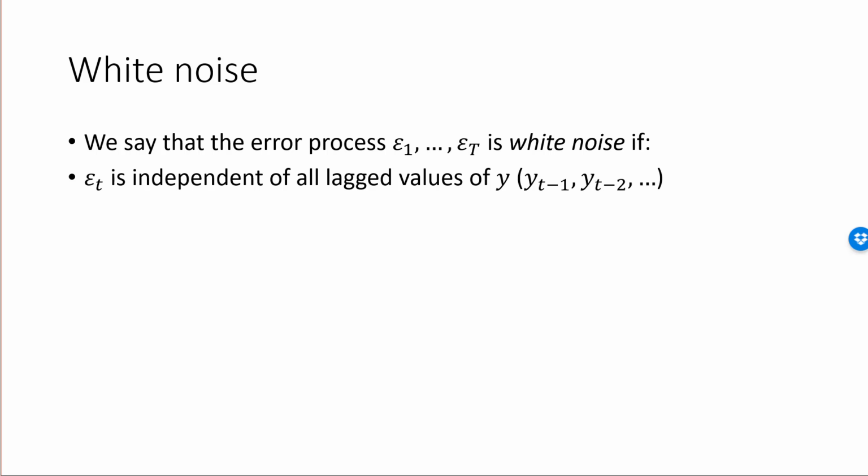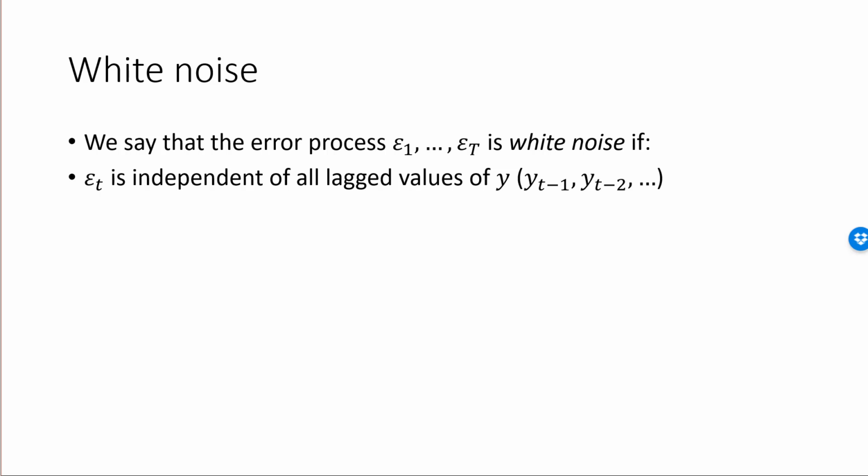First of all, epsilon t must be independent of all lagged values of y. So the shock at time t affecting yt must be independent of the lagged value of y, as well as the value of y 2 periods back, and so on.